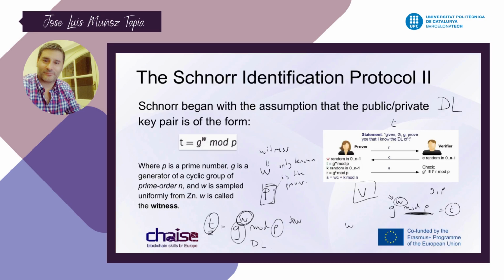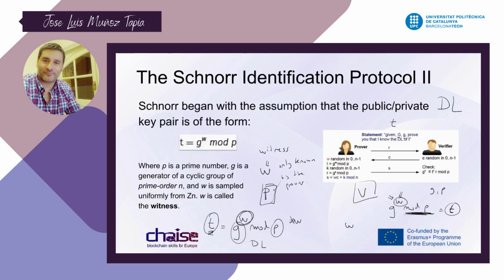So I want to prove to you that I know the discrete logarithm of T, that is this W here. And Schnorr created a protocol that can do this without revealing W.